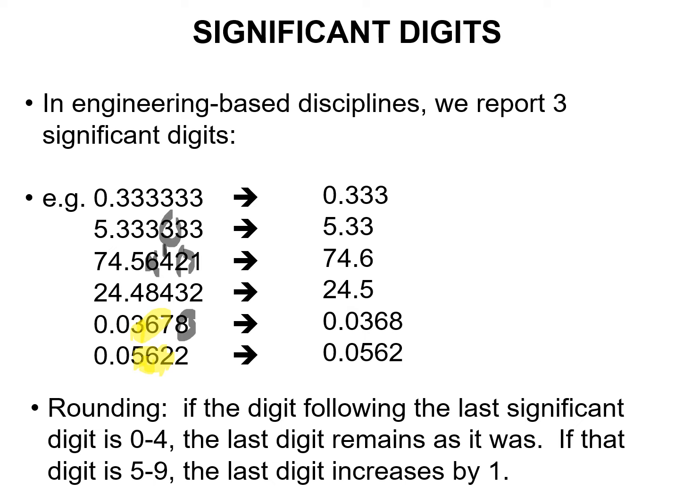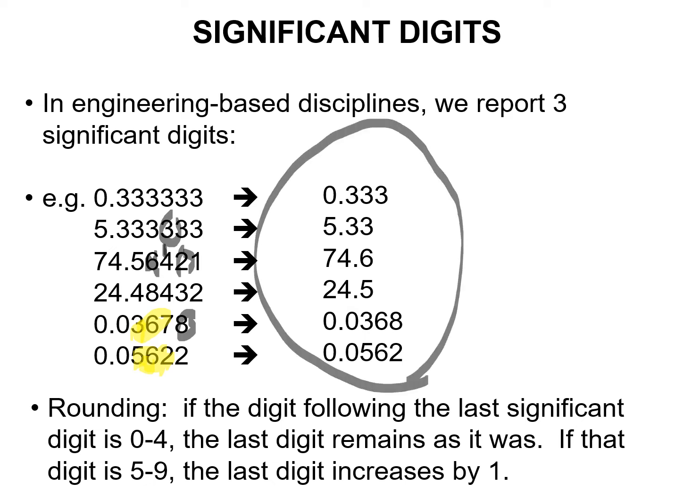Now, the last one, 2, is less than 5, so we don't increase the significant digit before it. Just keep this in mind when you're answering questions on the exam, when you're doing homework, that we're always rounding up at 5 and past, and we're always reporting to 3 significant digits.